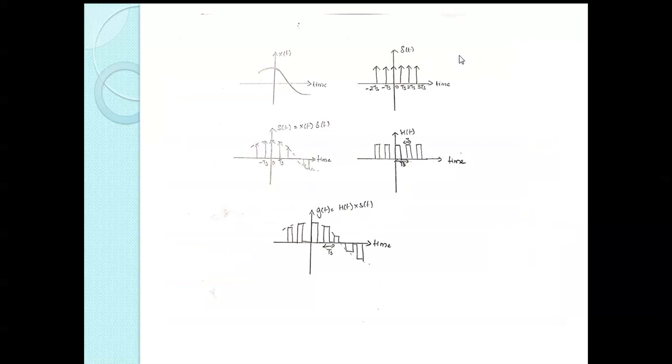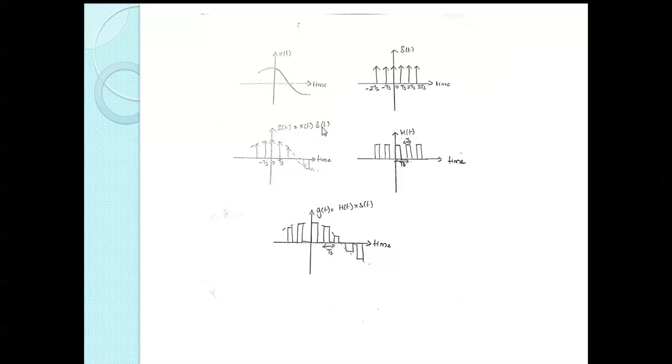So this will be my discrete sample. This is my train of pulses, and this is my input signal. These two get multiplied with the multiplier, and I'll get the output like this. So I'll have the trace of the input signal and the pulses at each instant. You can see x(t) and δ(t). s(t) is equal to x(t) into δ(t).